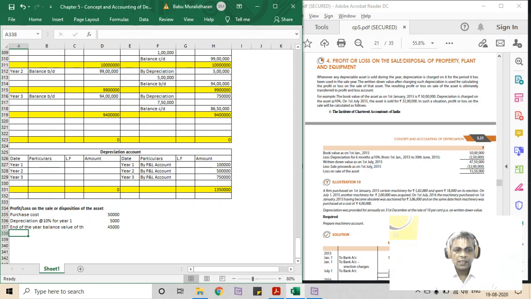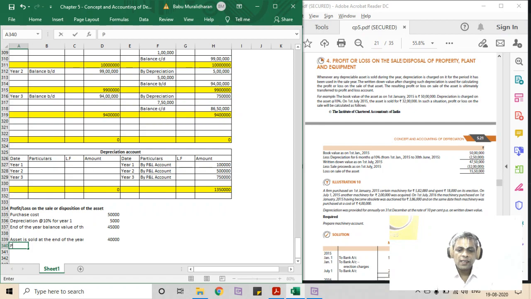Assume that the asset is sold at the end of the year for 40,000, because new machinery or an advanced asset is being procured, so this old asset is being sold.